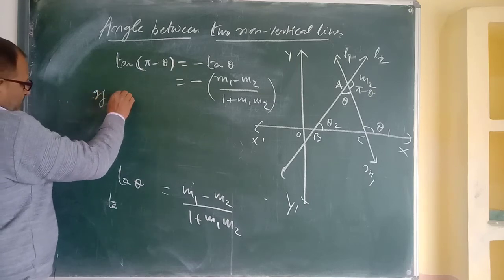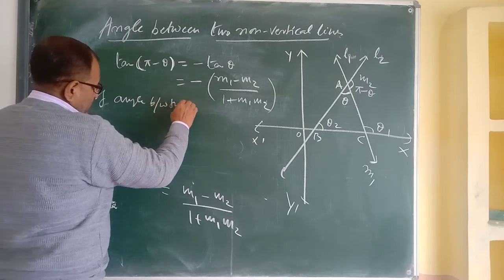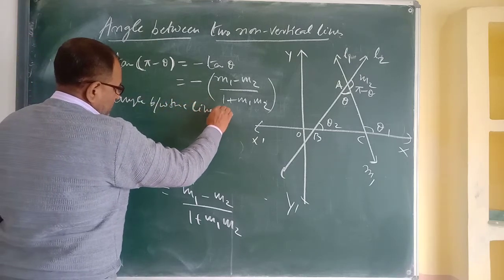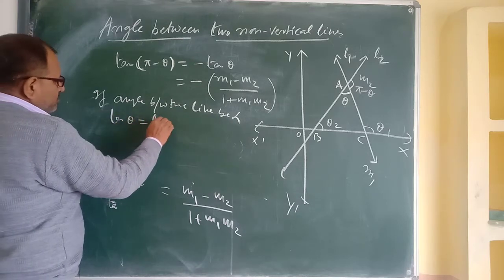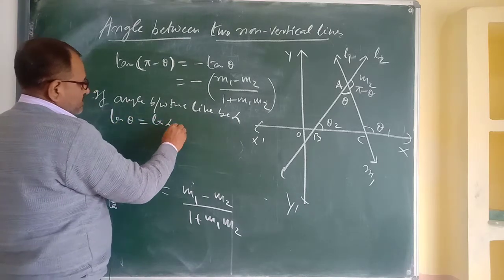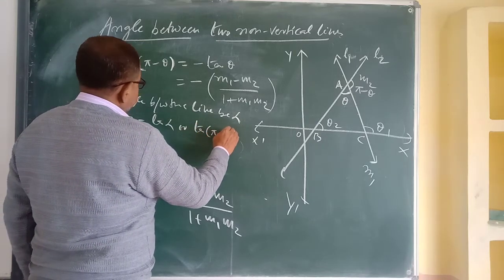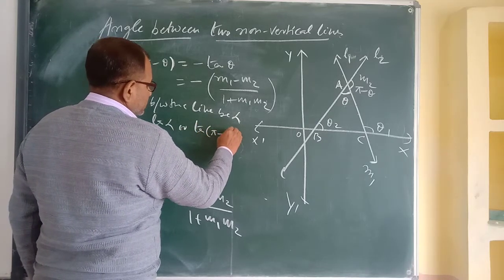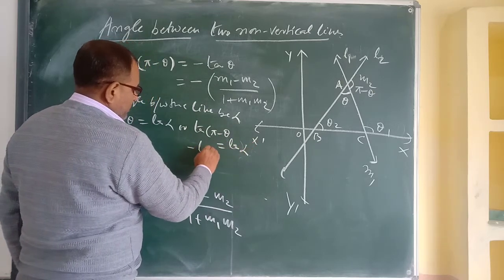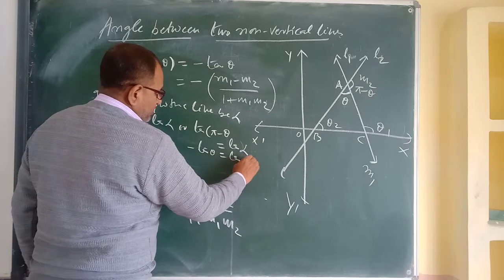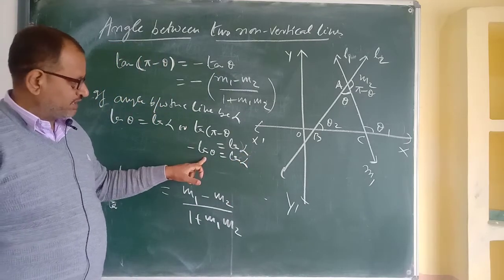So if the angle between the lines be alpha, we can write tan theta is equal to tan alpha, or tan of pi minus theta is equal to tan alpha. So it is minus tan theta is equal to tan alpha. So tan alpha has two values, tan theta and minus tan theta.